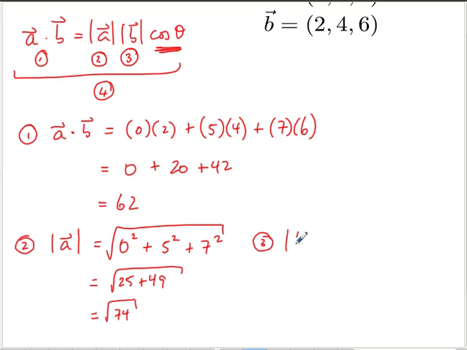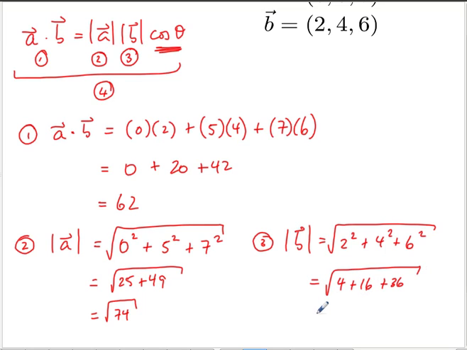Similarly, the magnitude of B is equal to 2 squared plus 4 squared plus 6 squared, all square rooted, and that is equal to 4 plus 16 plus 36, all square rooted, and that is equal to 20 plus 36 is 56.